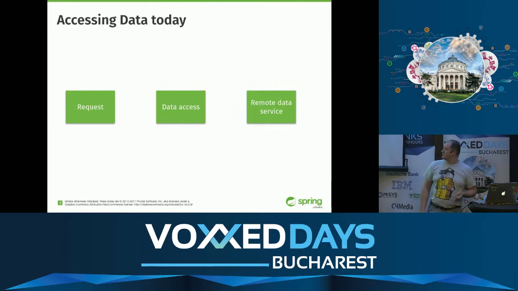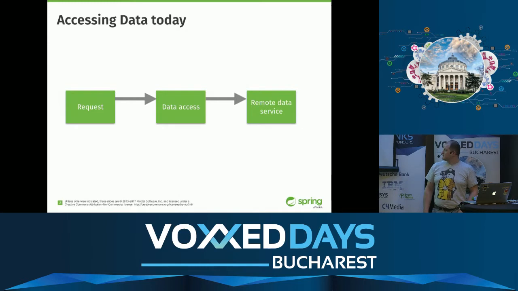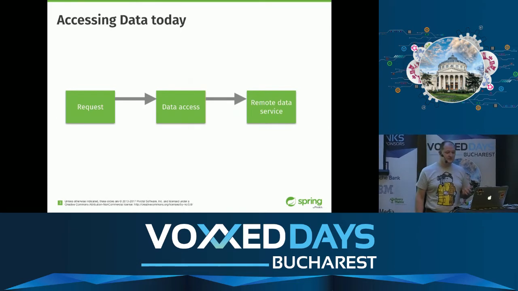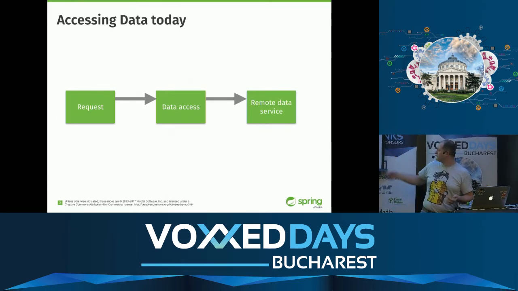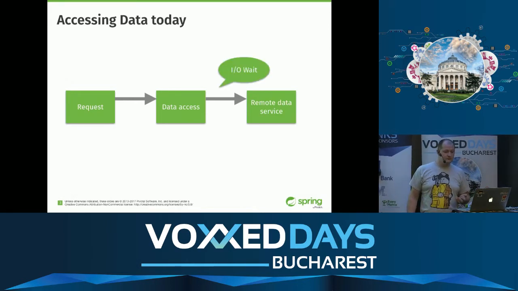Imagine you have a web application like that. You have a request facade, a data access layer, and a remote data service. Then the request comes in through the application. It hits at some point the remote data service, which takes a little bit of time until it responds to your application.